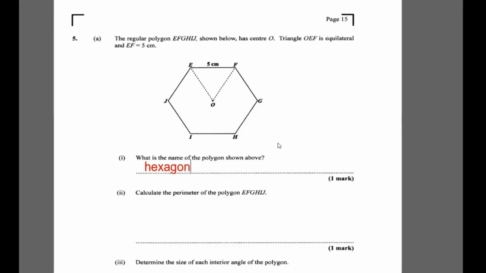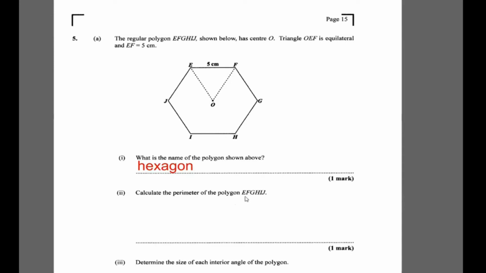I think 5 sides is a pentagon, 6 sides is a hexagon, 7 sides is a septagon, 8 sides is an octagon, 9 sides is a nonagon, and 10 sides is a decagon. You have to remember that hexagon is for 6 sides.